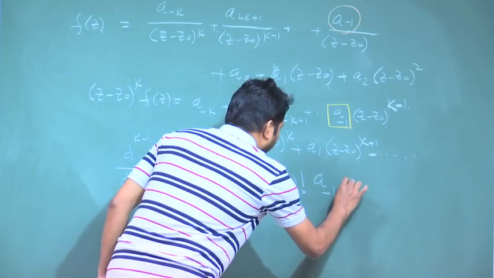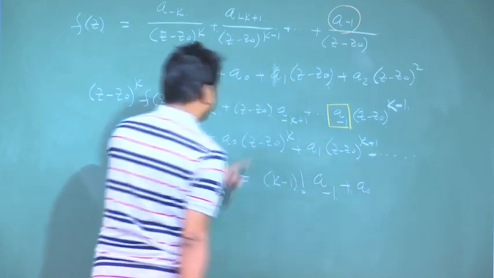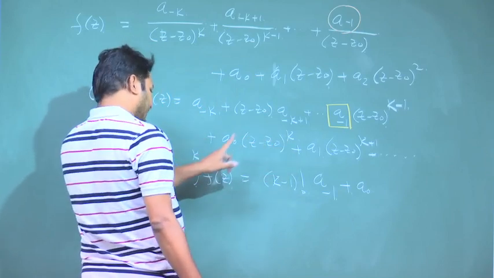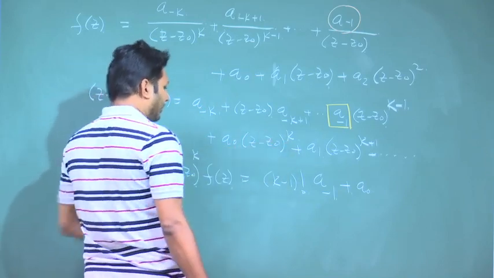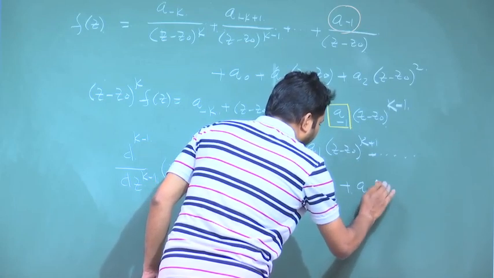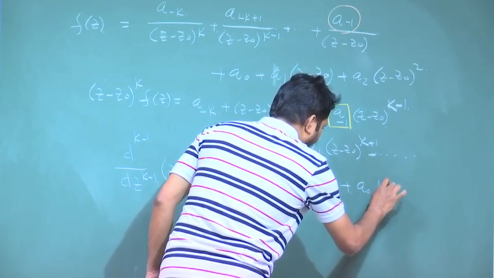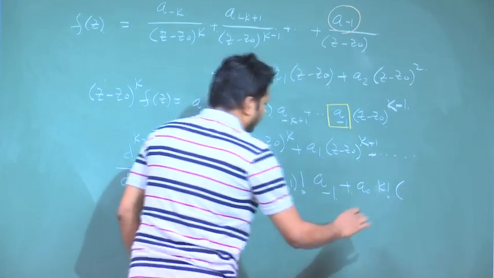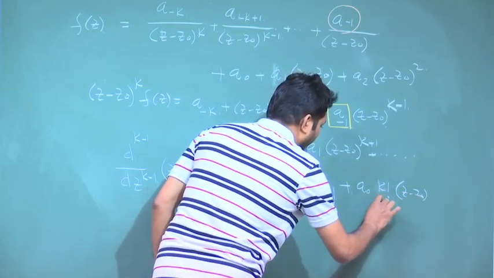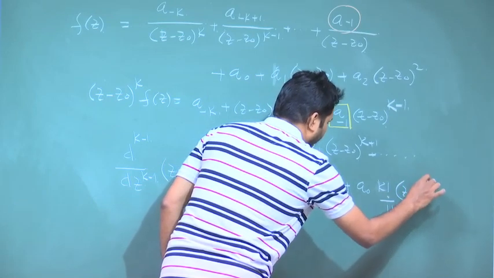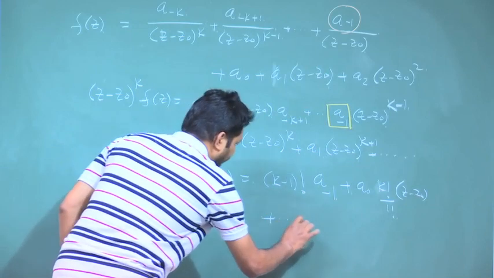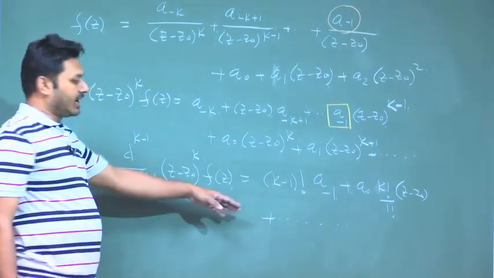Then I will have one term from the analytic part with a0, with factors like k times k minus 1, so factorial k divided by factorial 1 times (z minus z0), and so on. The right hand side I will have this term.